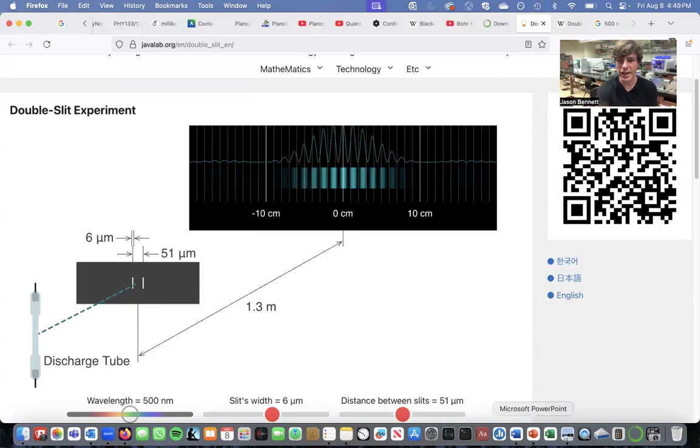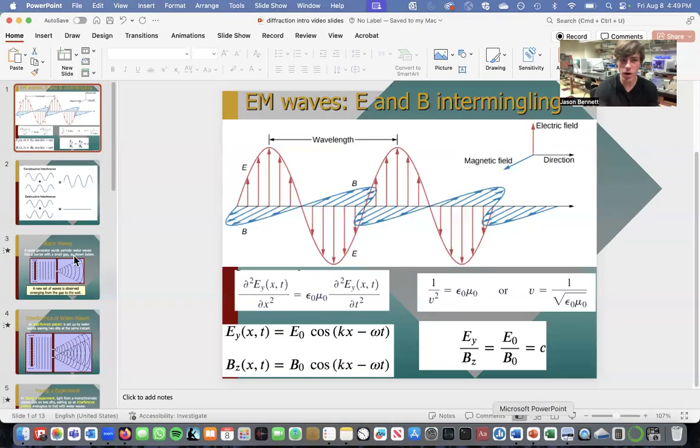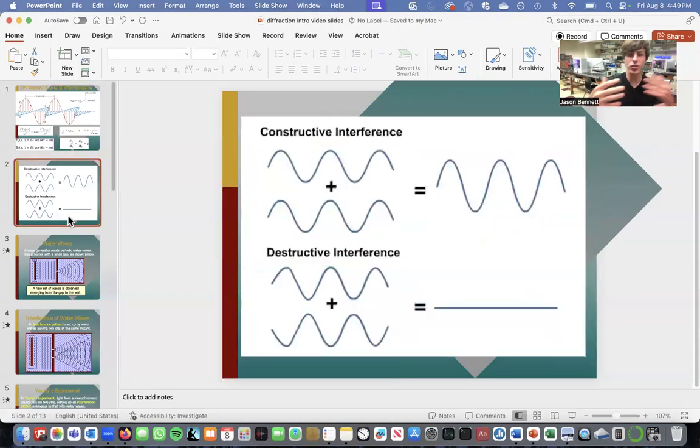If we think about waves as just disturbances in a medium, we can talk about it like water as well. So constructive and destructive interference, where the bright fringes happen, is where two waves combine. They're doing the same thing at once and they build on each other, versus doing different things and canceling out.